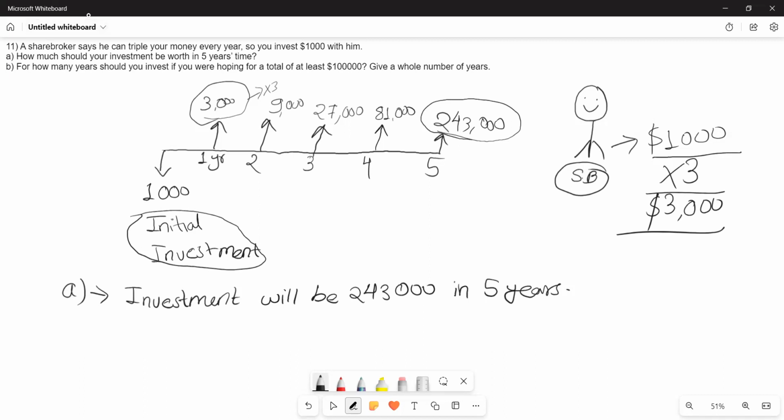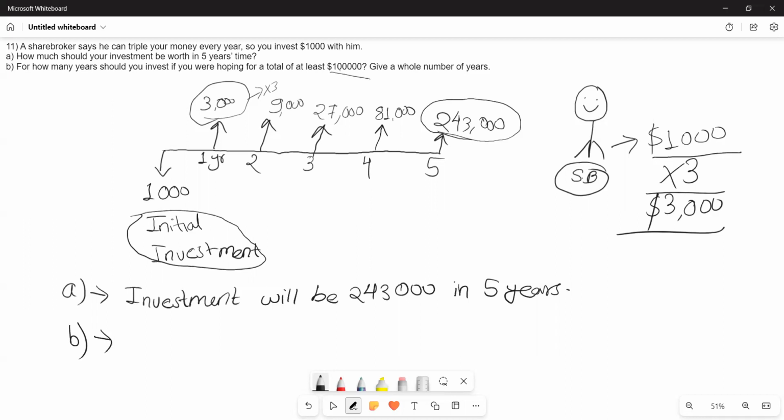What you have written is the answer of question number A. Now B. Question B is saying, for how many years you should invest if you were hoping for a total of at least 1,00,000. Okay. So for $1 lakh, isn't it?